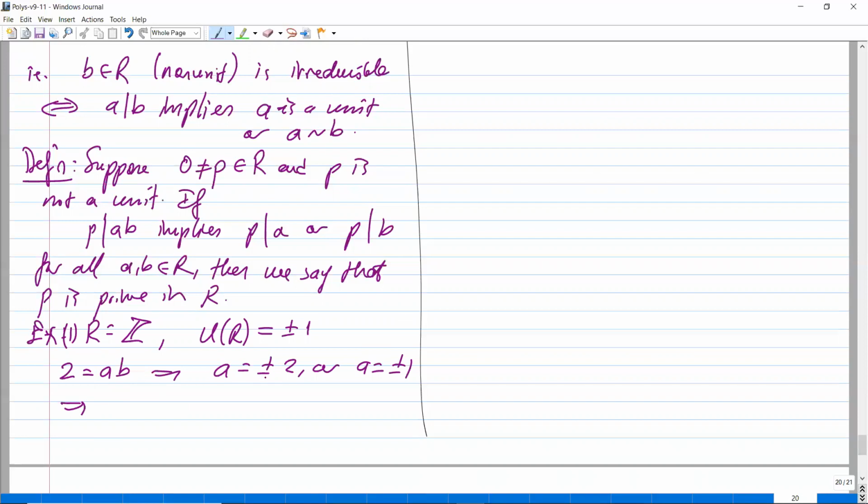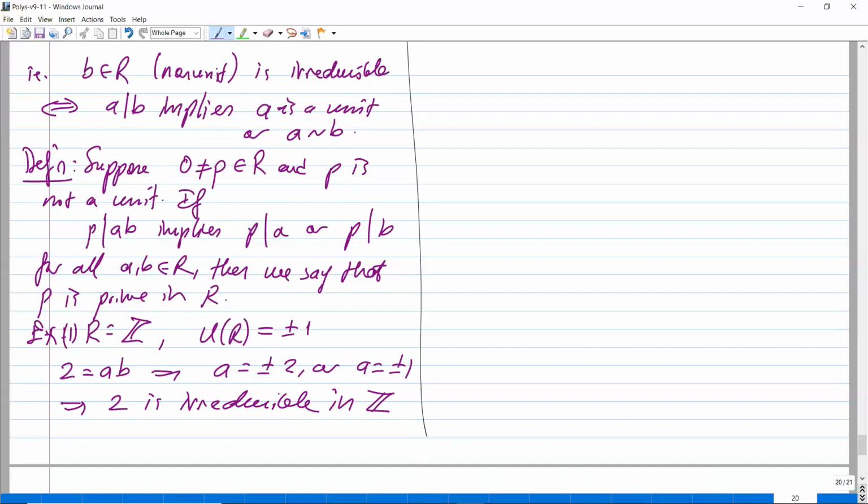If A is 2, then B is a unit. If A is minus 2, then B is minus 1, a unit. If A is plus or minus 1, then it is a unit. So therefore, 2 is irreducible in Z.